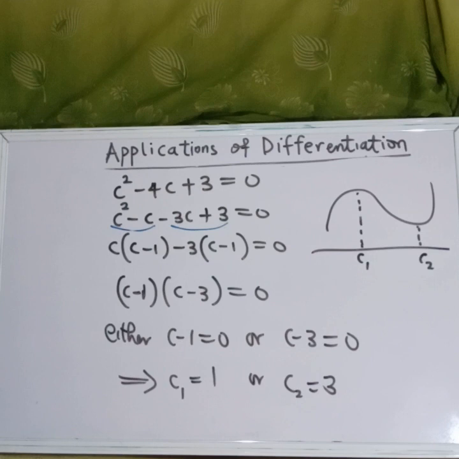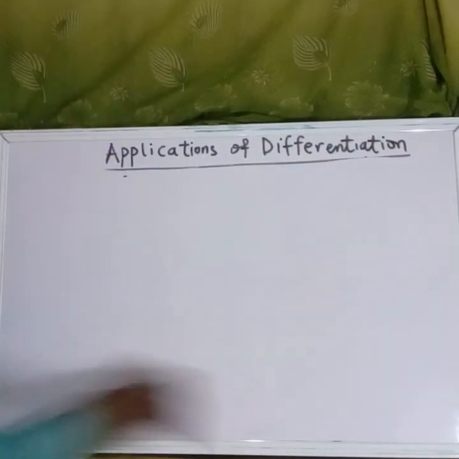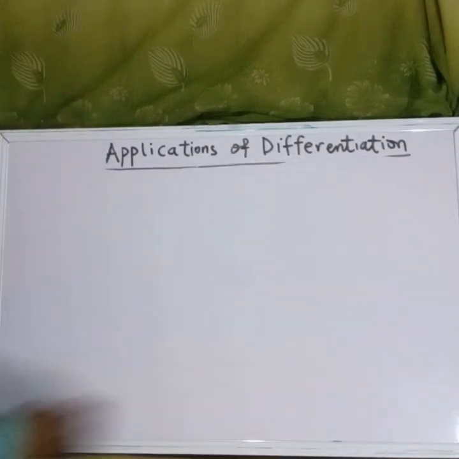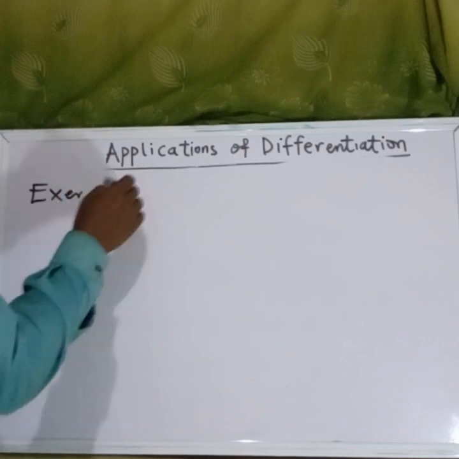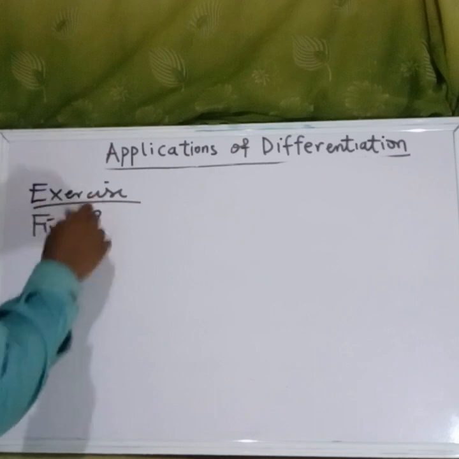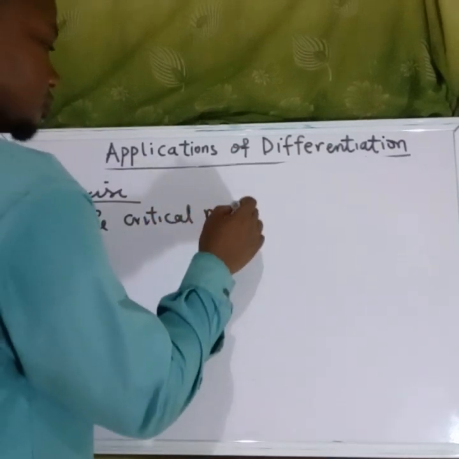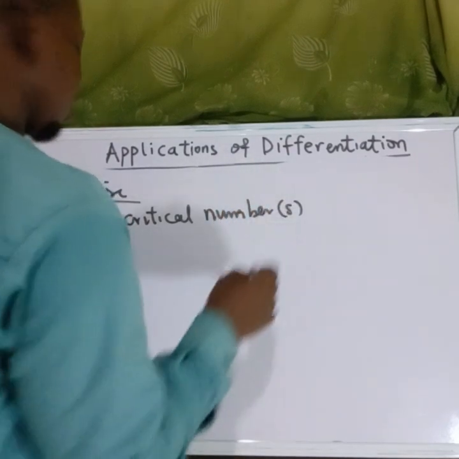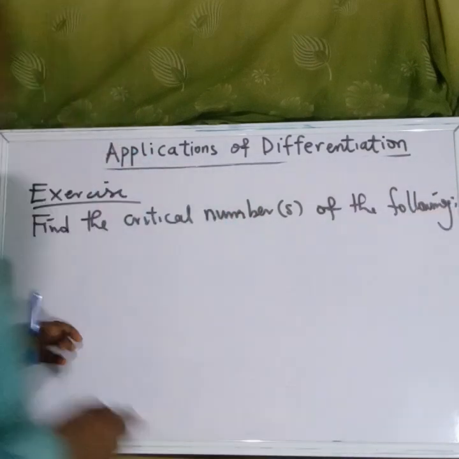Let's give some exercises under this, and then we can move further ahead to the test of extremum function. So we will find the critical numbers for the following.